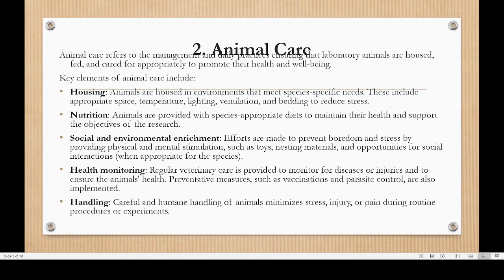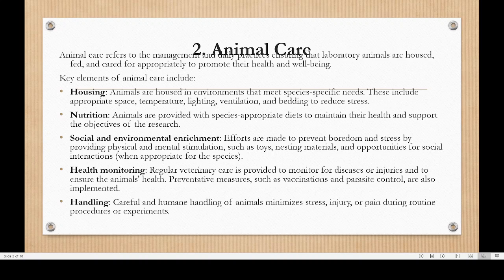So the results will be altered. So that aspect is also important. So monitoring the health of the rat or the animal is also very important in animal research. We have to make sure that the animal remains healthy and in a good state.